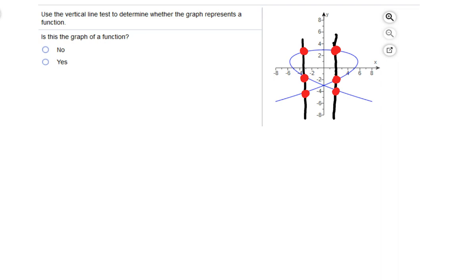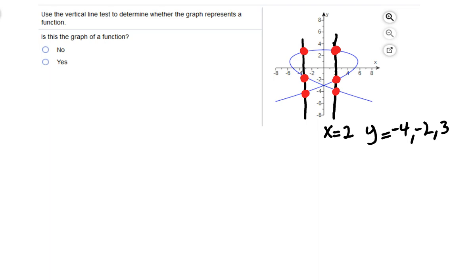So what that means is that I've got an x value, for example in this spot here, I've got an x value of 2, but y values of -4, -2, and 3. So you've got one x value corresponding to multiple y values, which violates the definition of a function.